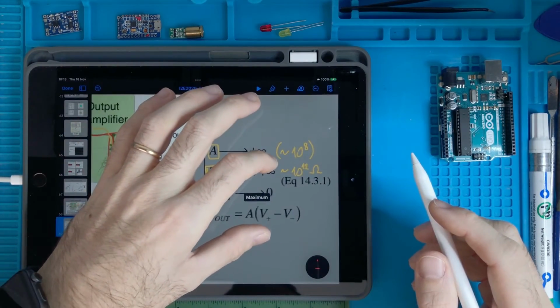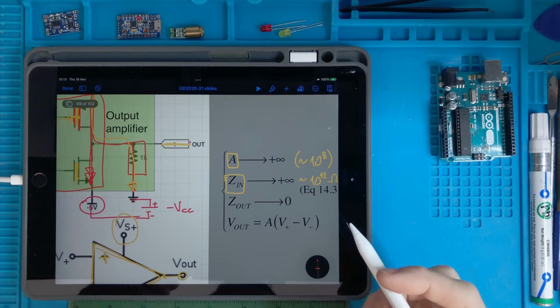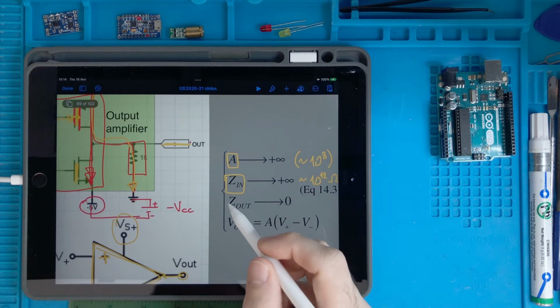On the other hand, after the signal has been amplified, we want the signal to be able to drive something, for instance, a recording system or whatever. So we want our amplifier to be able to deliver this signal to something else.